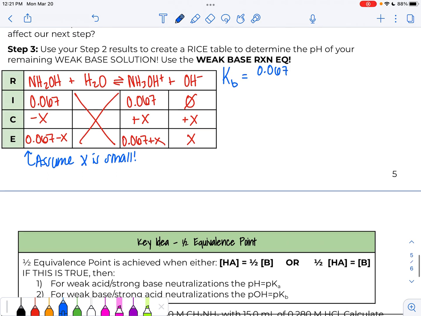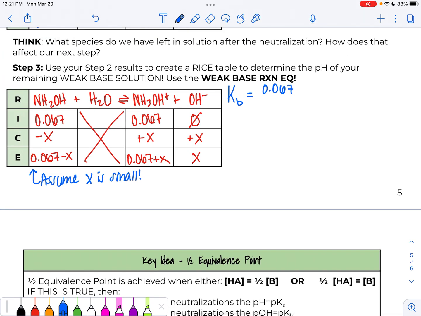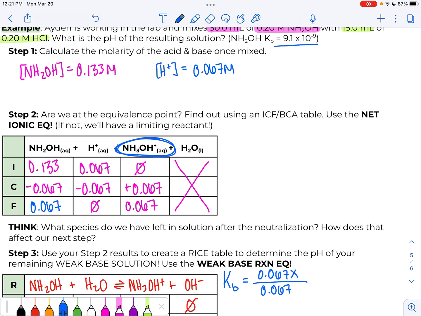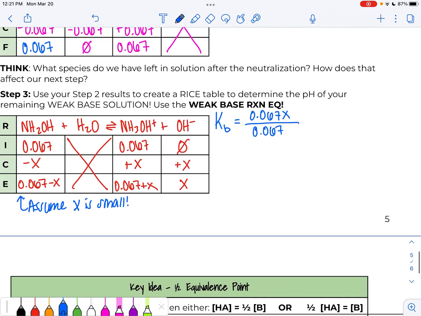So I have 0.067 from my conjugate acid, and for the hydroxide I have x. Remember, I've assumed x is small, so I'm just going to write it out like this. And then over the concentration of our reactant, and since we're assuming x is small, this is what I've got left over here.